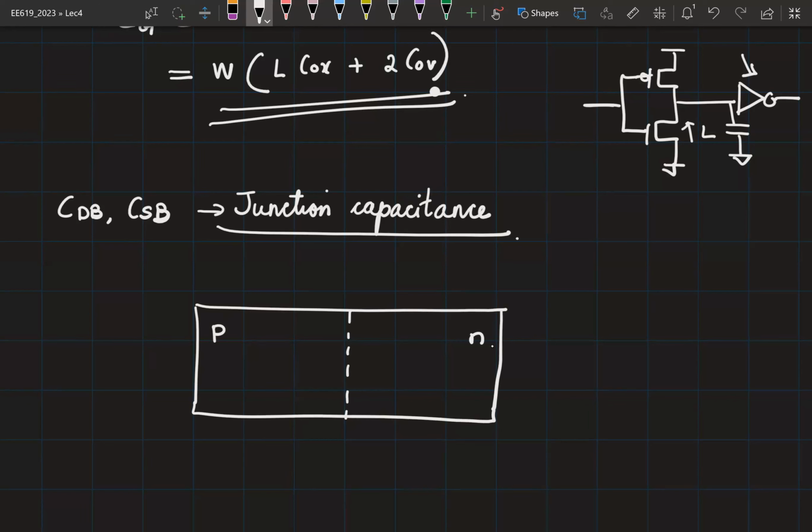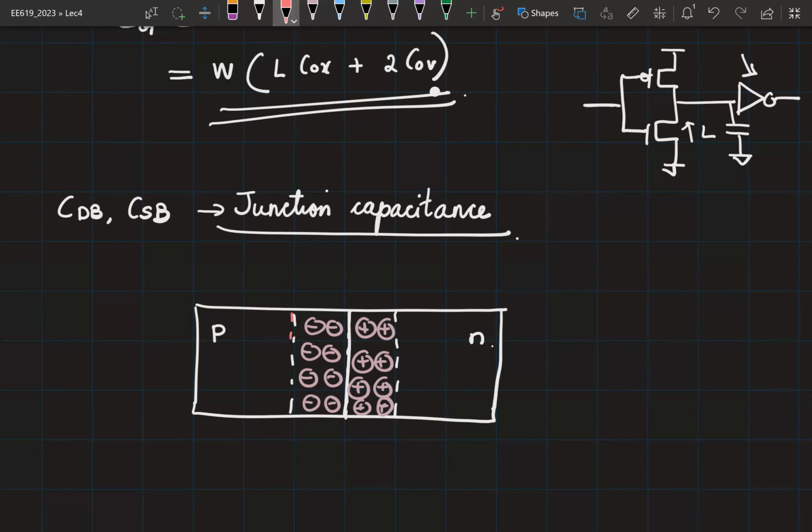You will have a depletion region with negative ions on this side and positive ions on this side. Can you identify a capacitance here? Basically, can you identify two plates and the in-between dielectric region here? It is the depletion region, right?